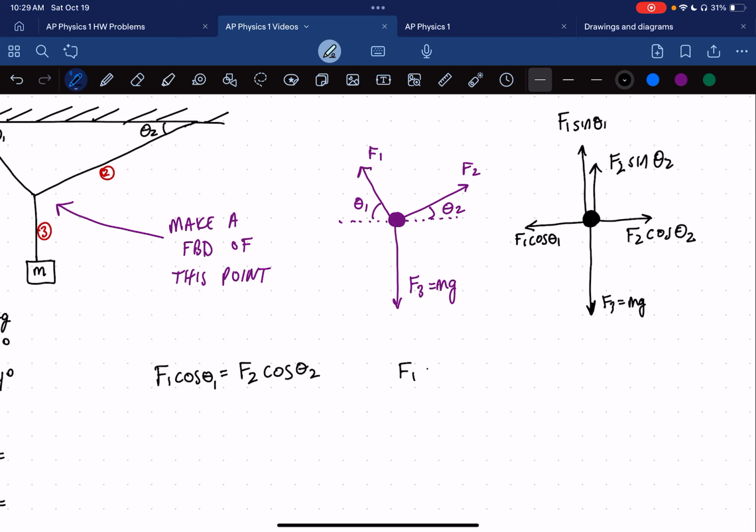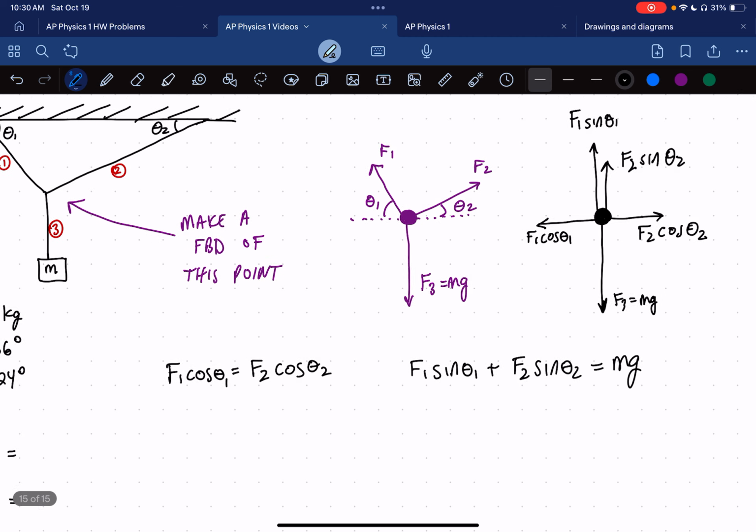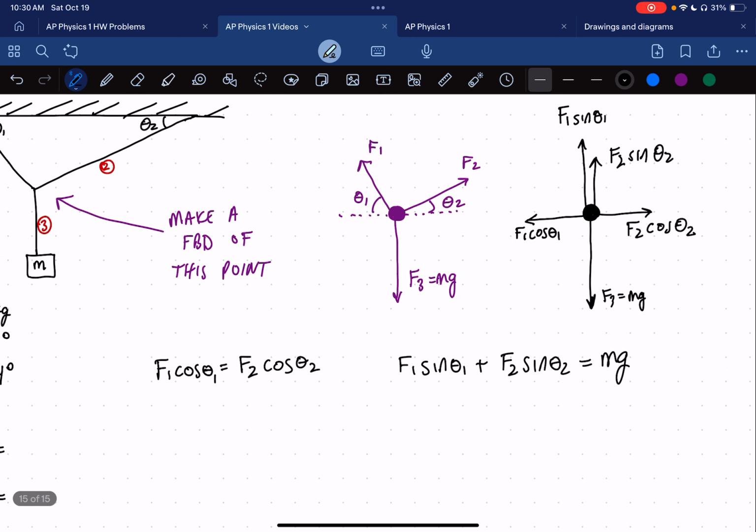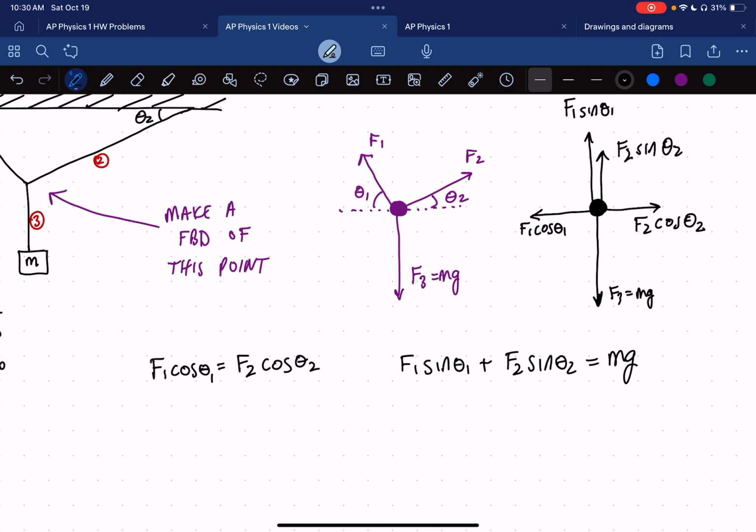F1 sine theta 1 will be added with F2 sine theta 2. And that is equal with, now I could say F3, but I'm going to say it's equal to mg because we're actually going to be solving now, and mg is just more useful. That would be 130 when we get to that point.